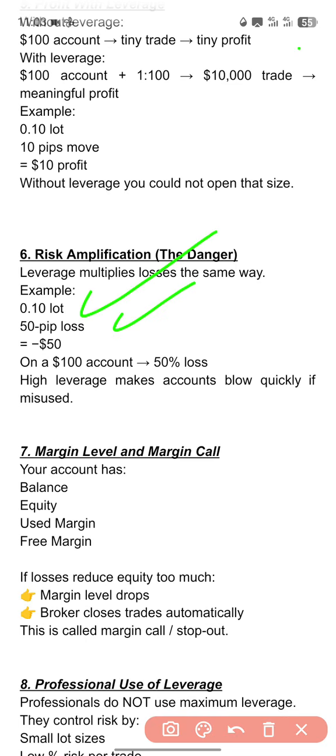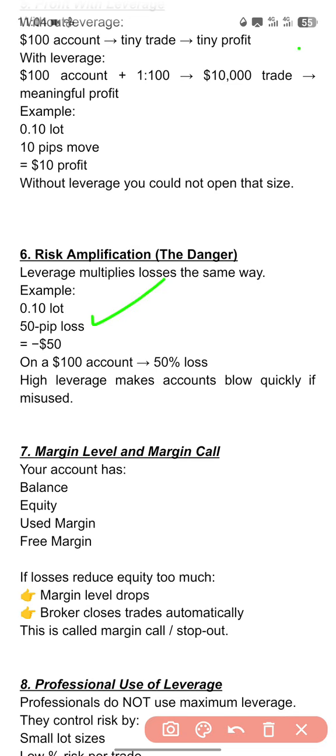If you open a position predicting that the US dollar will rise in value within a specific amount of time, then it happens that the US dollar depreciates in value, and the British pound appreciates, then you will be making a loss of $50. That is if it depreciates by 50 pips.